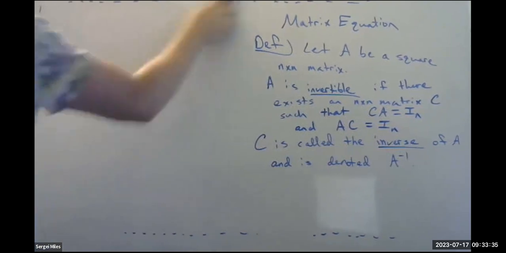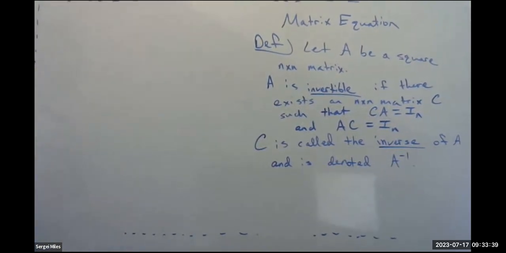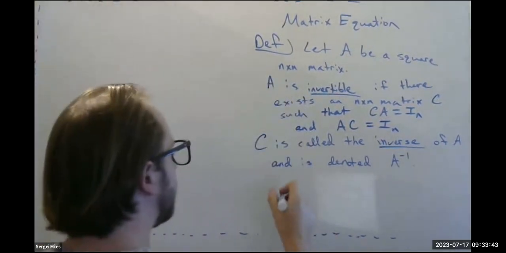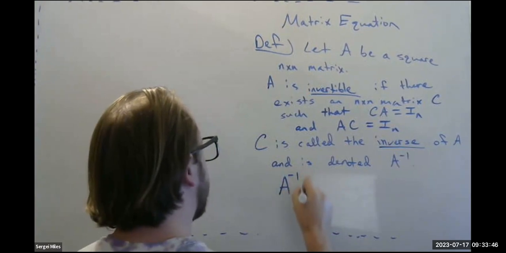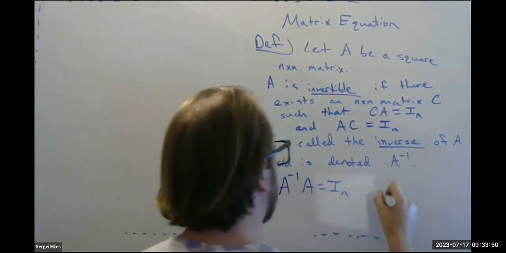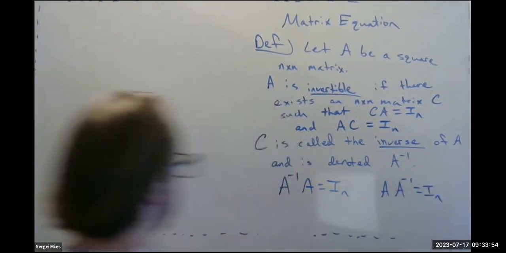Because we can't divide by matrices, so 1 over A doesn't even make sense. Okay, good. So when we have this A inverse, then A inverse times A is the identity matrix, and A times A inverse is the identity matrix.